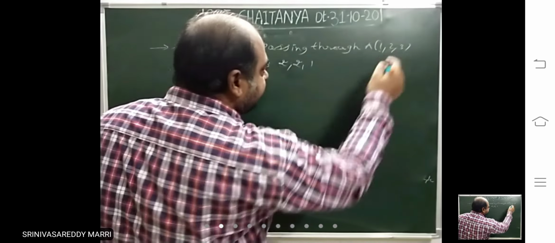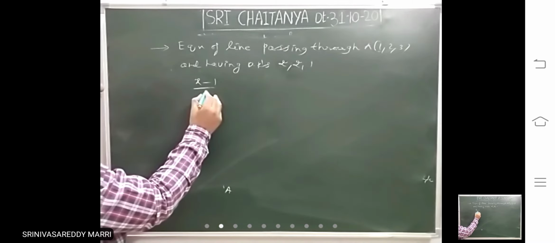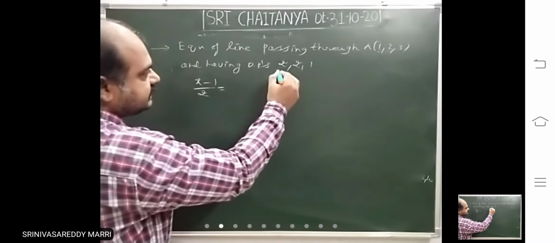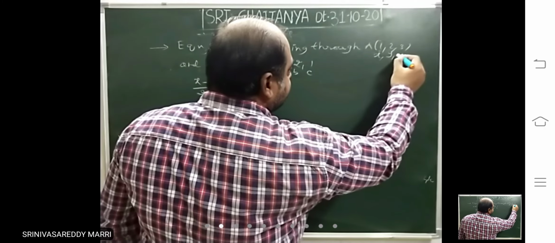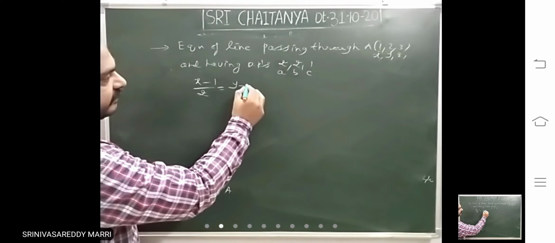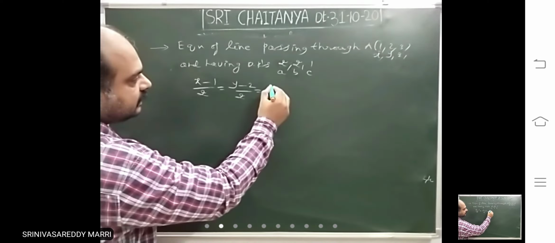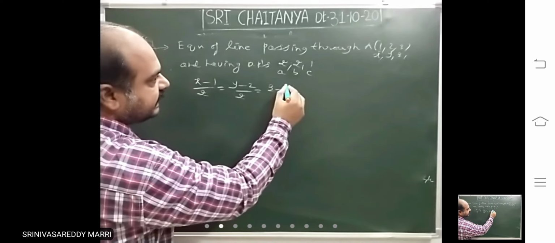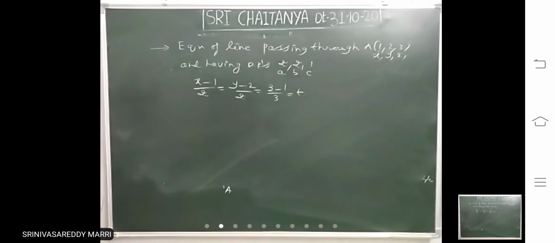This is x1, y1, z1. So x minus 1 divided by 2. This is A, B, C and x1, y1, z1. So x minus 1 by 2 equals y minus 2 by 2 equals z minus 3 by 1 equals some t.